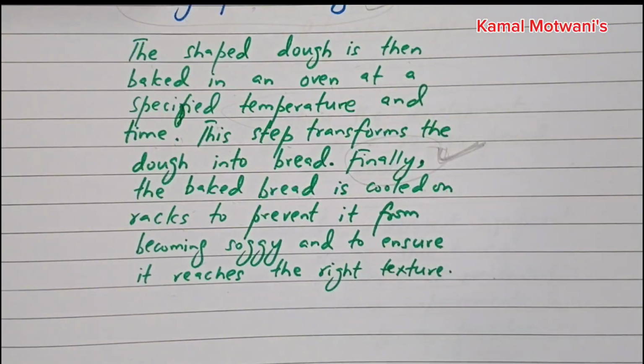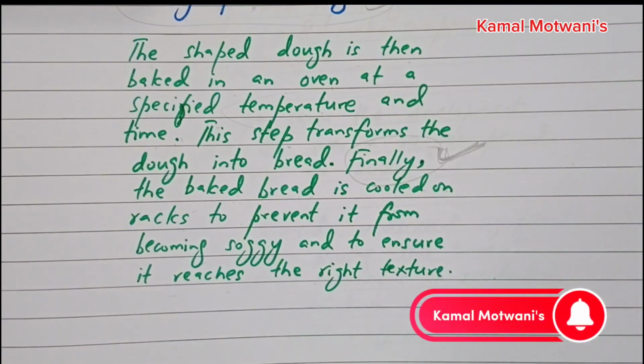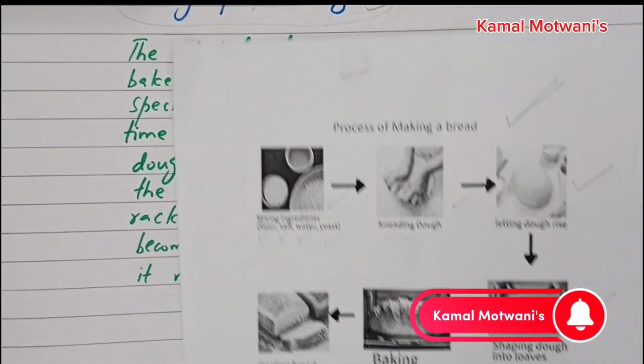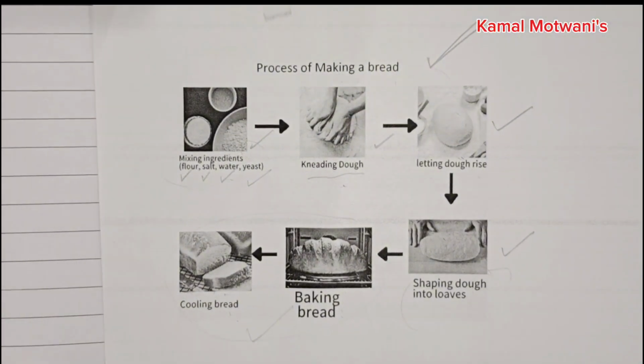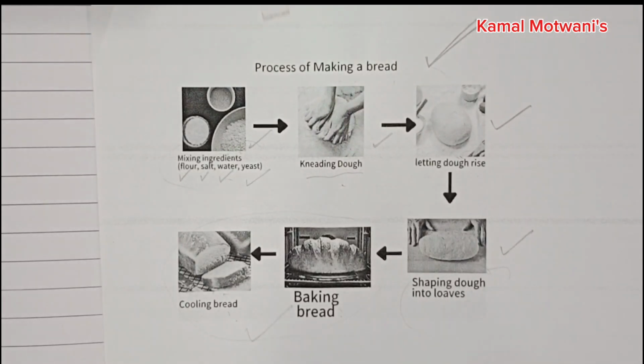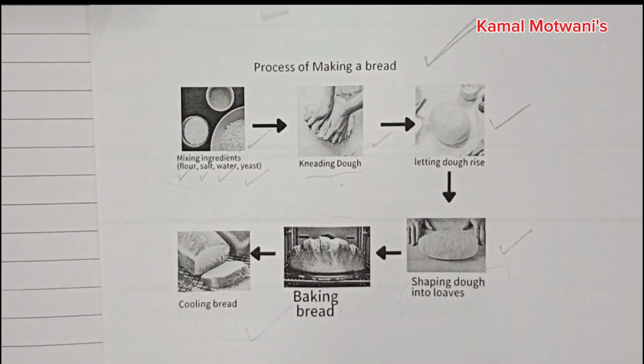Now see, this is how the process diagram is written. Whenever you are going to write the steps of any process diagram, these are self-explanatory, but what the examiner is going to judge is what extra information you are going to add to each step, how you are going to explain each step.